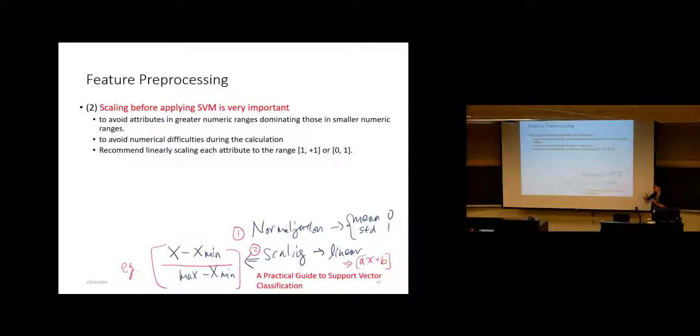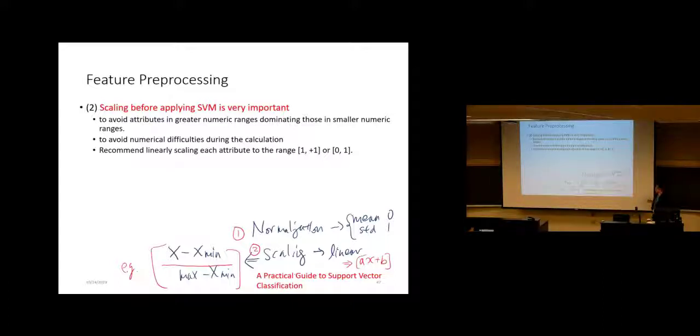Height in inches is normally within 6 or 0, but weight is normally like 0 to 300, maybe 200. So it's very difficult if you do not normalize your features. The weight feature will dominate over the height feature, especially if your data are small, and it's very tricky in those cases.